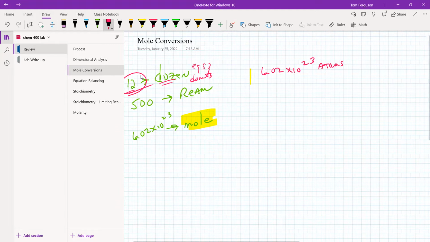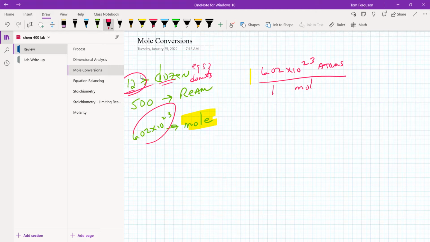It's the 12 that's important here. In this case, it's the 6.02 times 10 to the 23rd that's the important part. That's why it could be applied to atoms or molecules or whatever you're counting. And the abbreviation for mole is MOL, which is not much of an abbreviation. Okay, so that's one conversion factor.